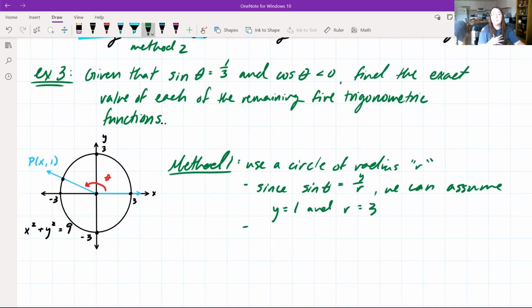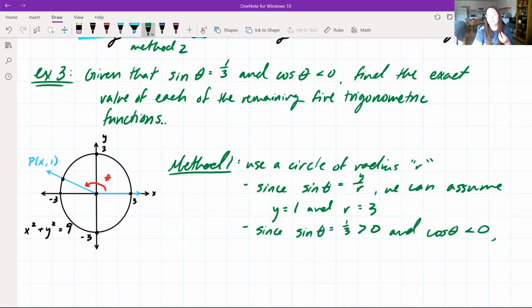Also, if you're thinking about graphing this, since sine of theta is equal to 1/3, which is greater than 0, and cosine of theta is less than 0, this means that we're looking at y values that are positive and x values that are negative.